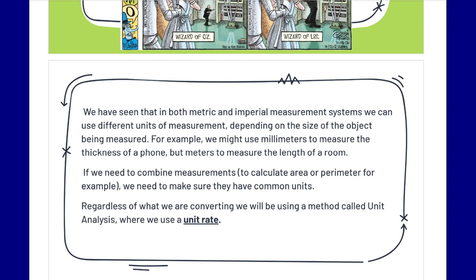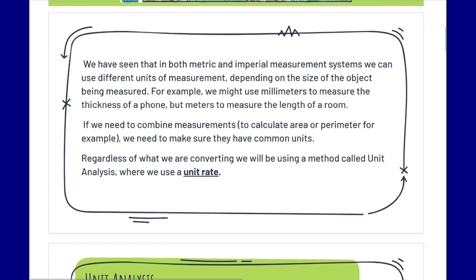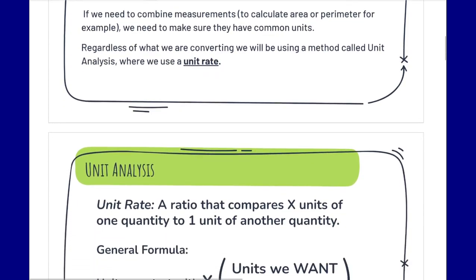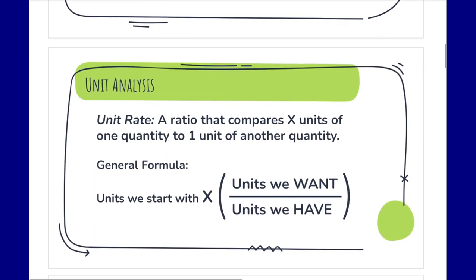We're going to talk just briefly about what unit analysis is and what a unit rate is. You've seen unit rates before, but a unit rate is a ratio that compares X units of one quantity to 1 unit of another quantity. Essentially, that's the comparison between two different units.